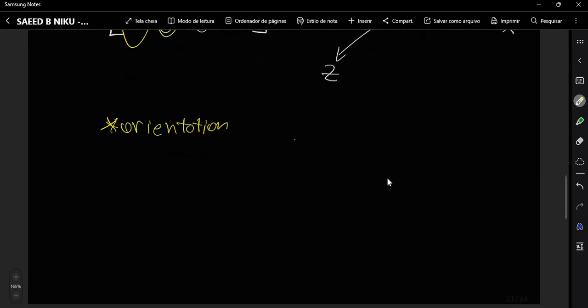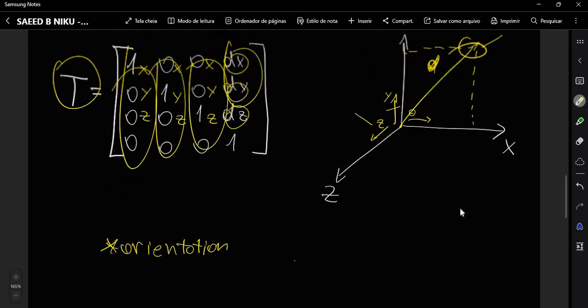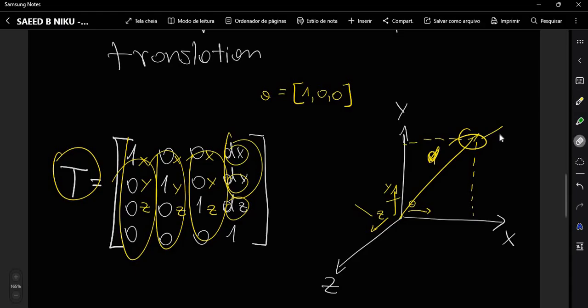Now let me draw a representation of a pure translation. Let's use this that I already have drawn.